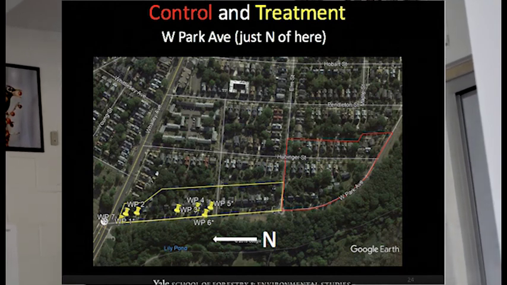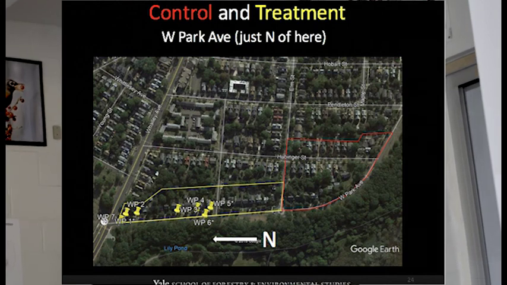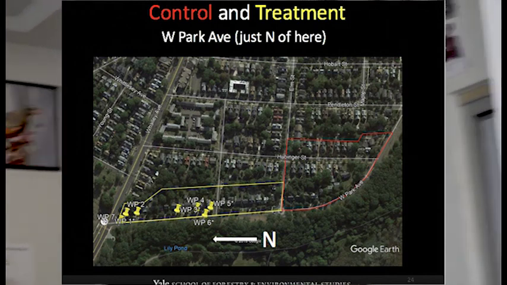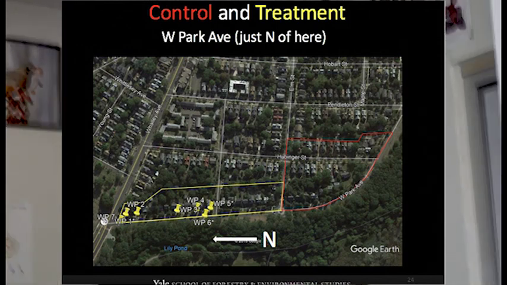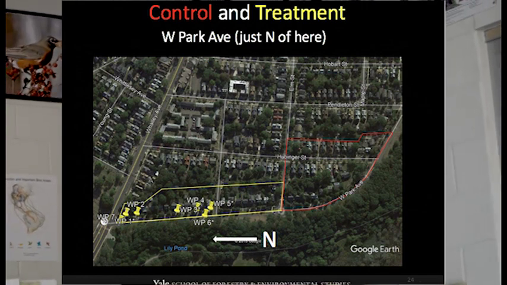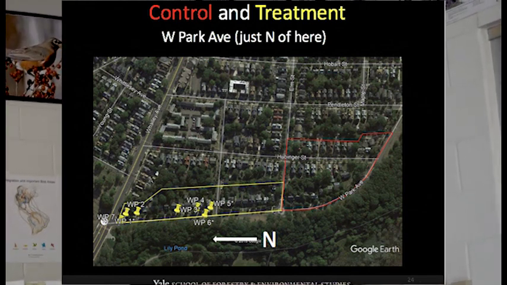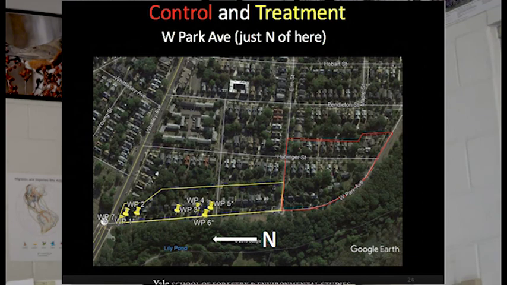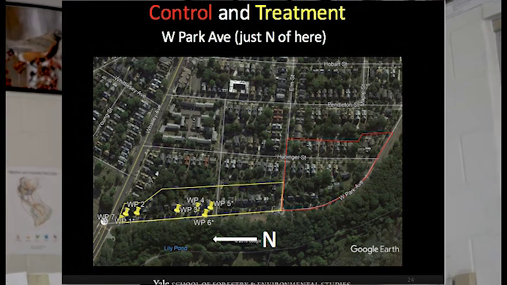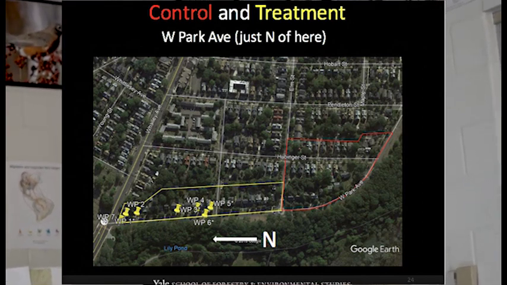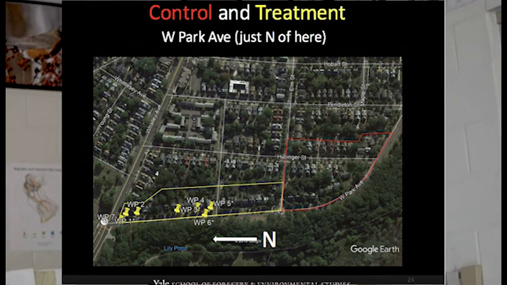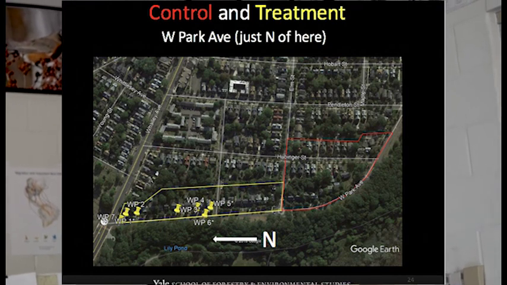So we picked these 2 locations, the treatment one where we installed, I forget, 8, I think, of these bioswales. In addition, at the same time the city was installing some below-ground cisterns, so we're capturing almost all the water coming off of this from the surface, and then the control system is outlined in red here. Didn't do anything there. They're about the same size.